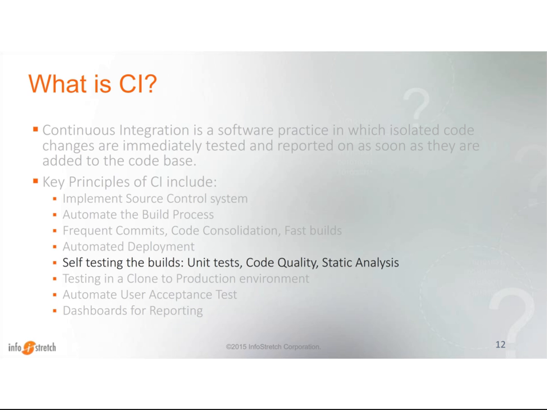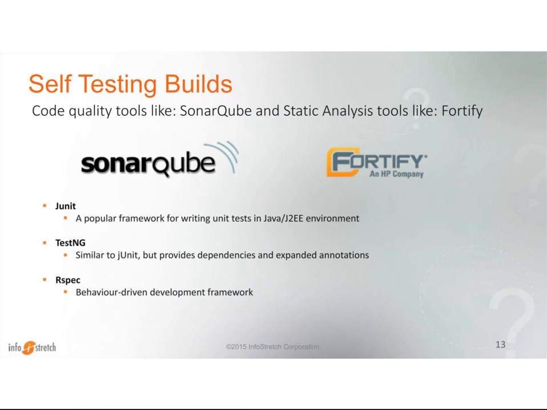So once a build has been built and deployed, there has to be some amount of unit testing as well as some amount of code quality testing, which can be integrated using SonarQube or Fortify kind of tools, which will give us the code quality as well as the security perspective or the static analysis perspective of my code. The tests can be written in JUnit or TestNG or RSpec kind of tools, which will give my reports back to my continuous integration servers, and this all is automated.